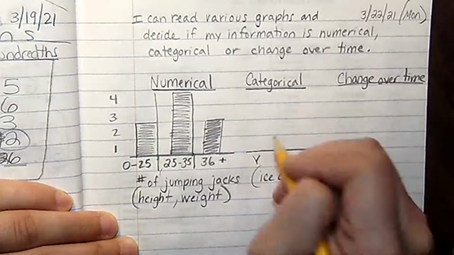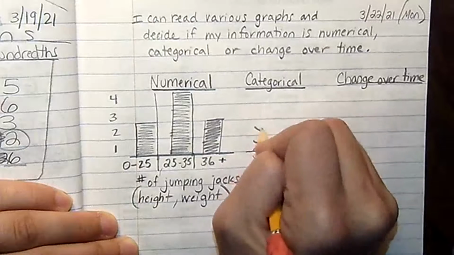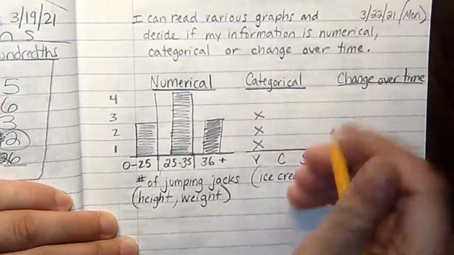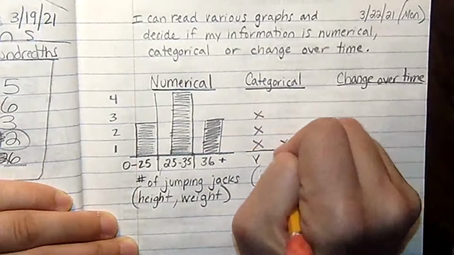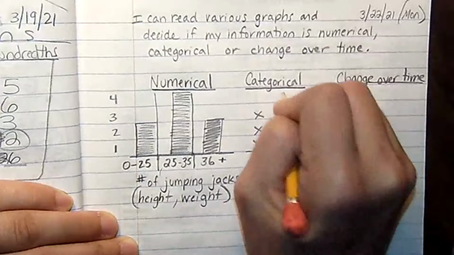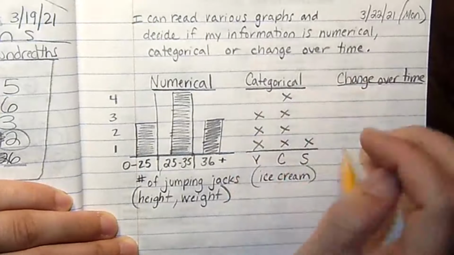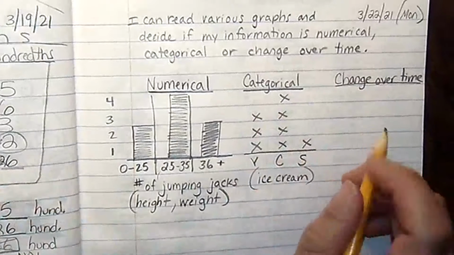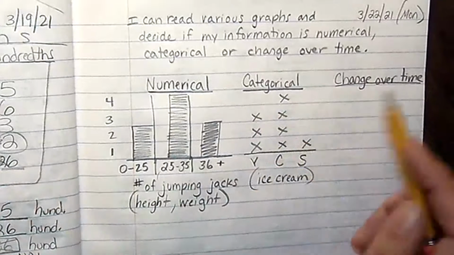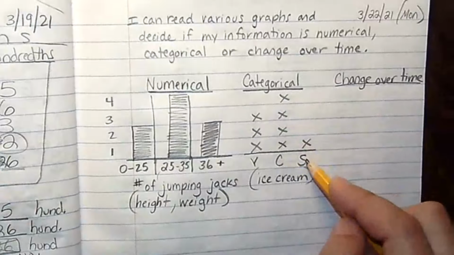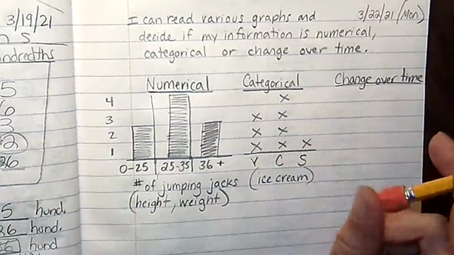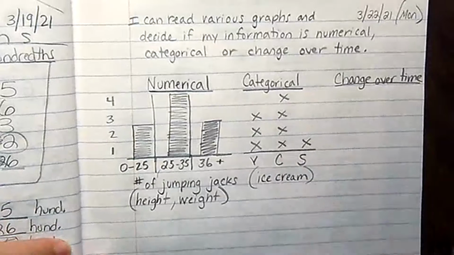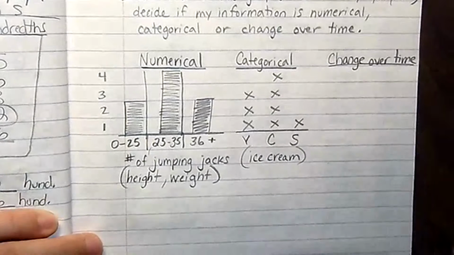Well, if 3 people said they'd rather have vanilla, I have 3 under vanilla, and several people picked chocolate, and only 1 person picked strawberry. We have different categories that people fell into, and the most popular category is chocolate ice cream. Strawberry is less popular. Vanilla is kind of right in the middle. This is an example of categorical data. All of our data falls into a category.